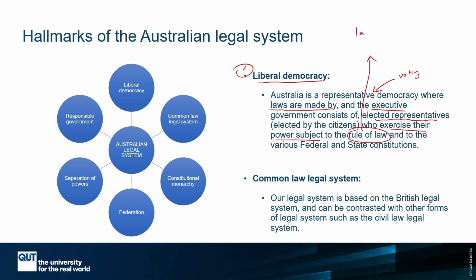So the law is supreme. The people running our government have to do it according to the rules, to the law. That's what that means. They don't get a special right to do whatever they want. And what they can do depends upon which government they're in, the federal or state government, and the constitutional powers those governments have, something we'll come back to later.